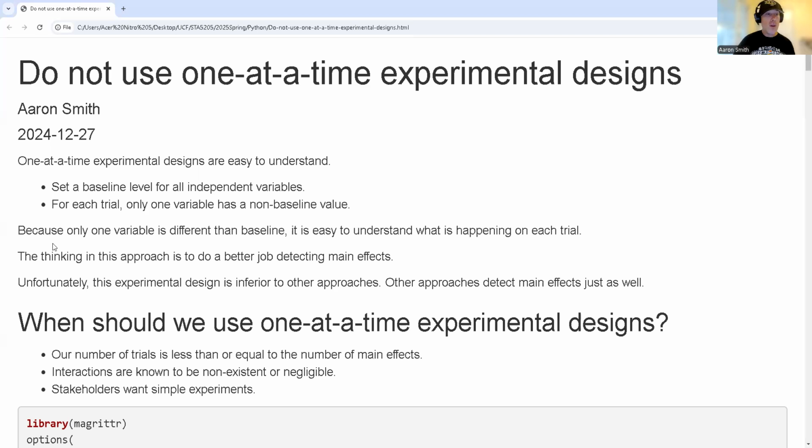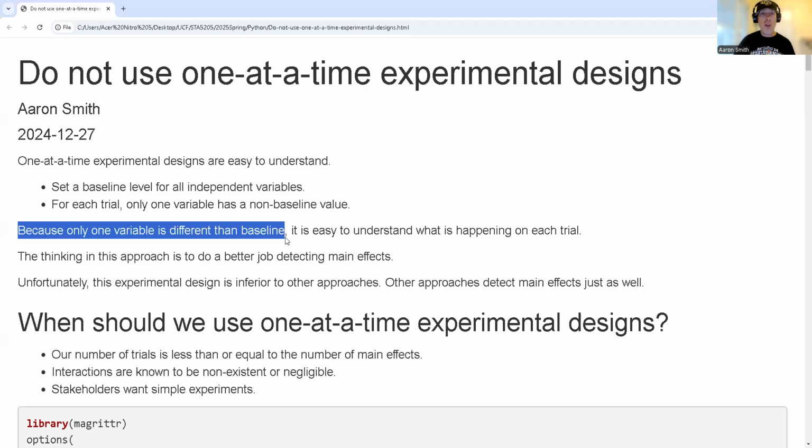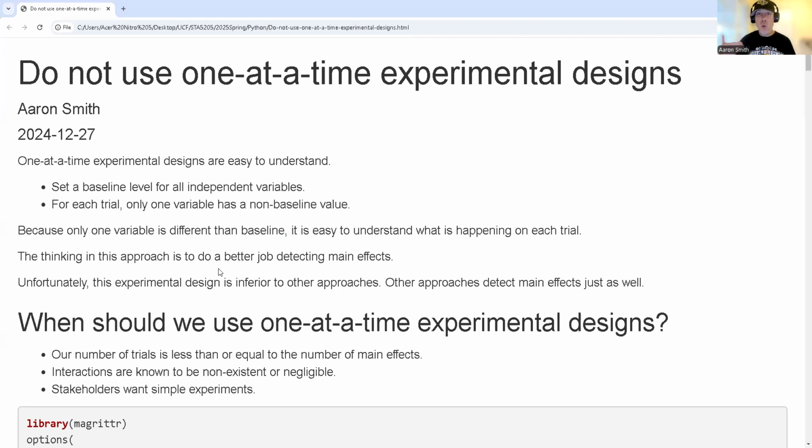All right, so because one variable is different than baseline, it's super, super easy for our stakeholders and ourselves to know what's happening on each individual trial. And people intuitively believe that this is going to do a good job of detecting main effects. Unfortunately, it's not going to.